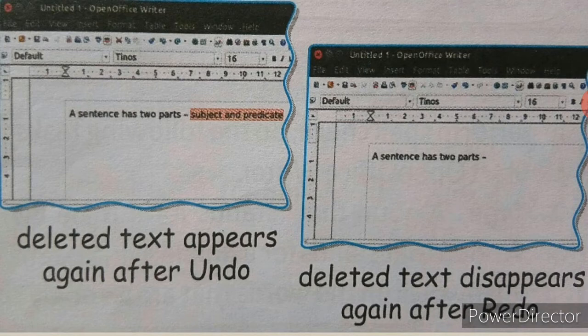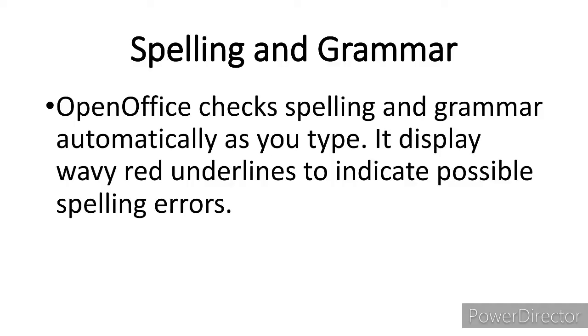As you click on the undo button, it will appear again on your screen. So undo cancels the last action. It will cancel the last action that you have deleted, and it will appear again on your screen. Now, what is redo? Now you want to delete it again. So you can click on the redo button given on the standard toolbar.